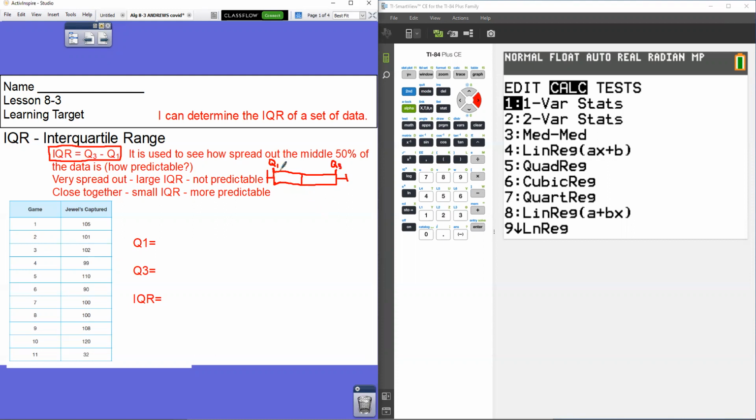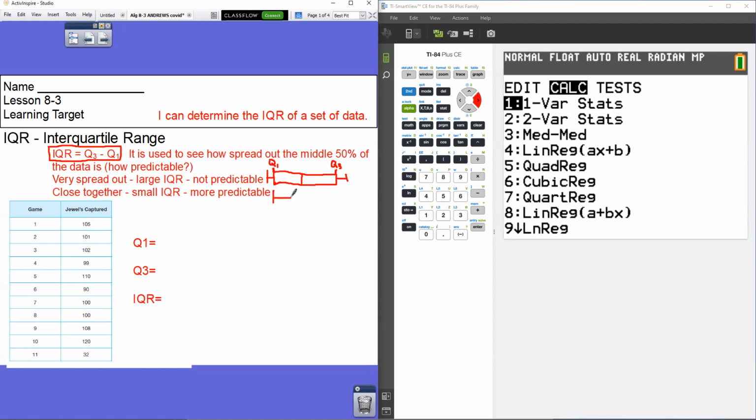So when it has a very large box, when the box is very long, that is not predictable data because the range of values in the middle of your data is very spread out. It's very wide, as opposed to a very small IQR.